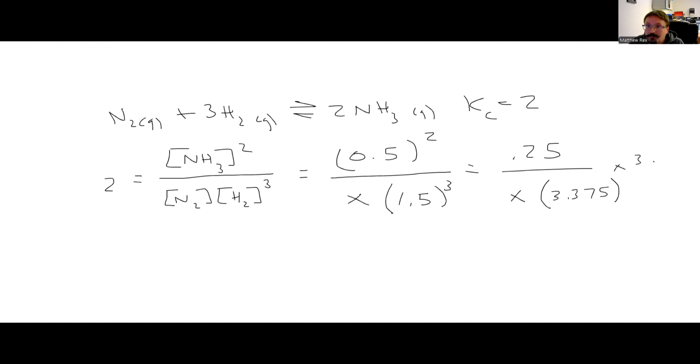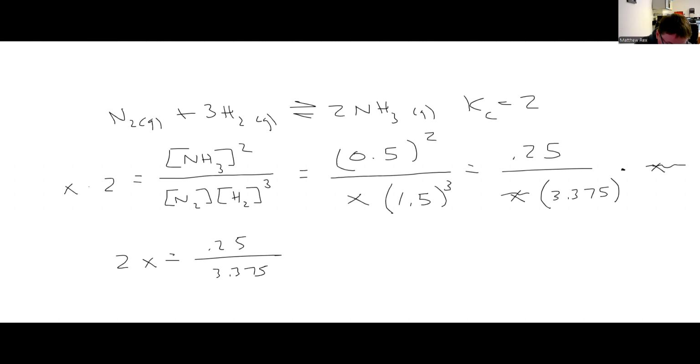Actually, easier way. Oh, selected eraser. There. We'll multiply this by X. So that'll cancel that. And we'll multiply our 2 by X. So I have 2X equals 0.25 over 3.375.